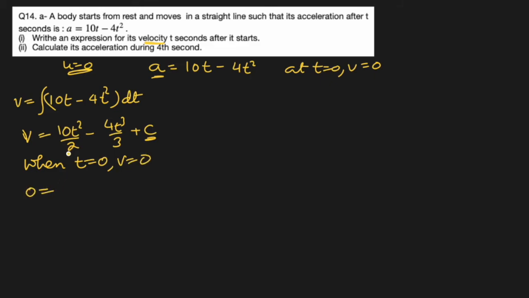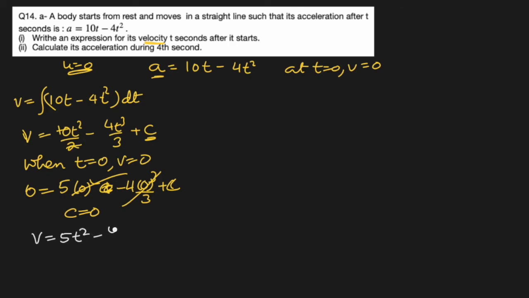So 0 equal to 10 over 2, 5t square minus 4 times 0 cube over 3. So this is 0, this is 0, so c is 0. That means it did not make any big difference to the original integration. So v equal to 5t square minus 4 over 3 t cube is the expression for velocity.